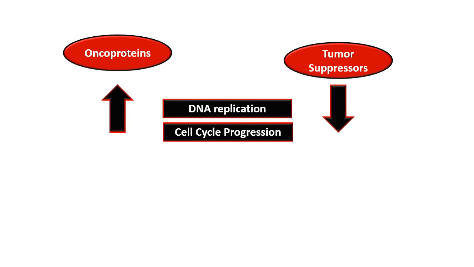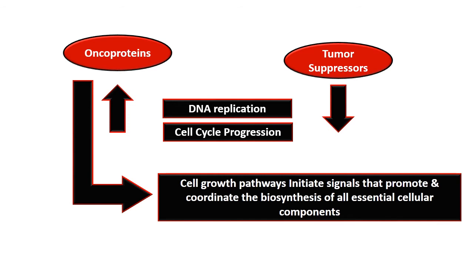It is basically the division of the cell into two daughter cells, and each of these daughter cells is a complete cell containing DNA and RNA, all the cellular organelles, cell membrane, etc. So there are many other oncoproteins or pathways also involved in the division that coordinate the biosynthesis of all essential cellular components.